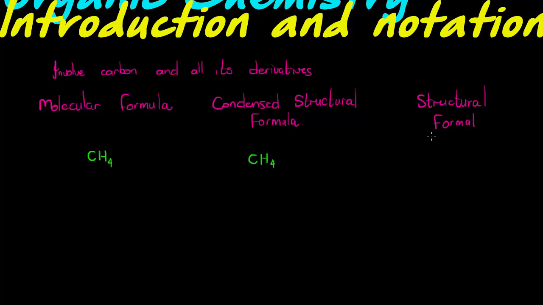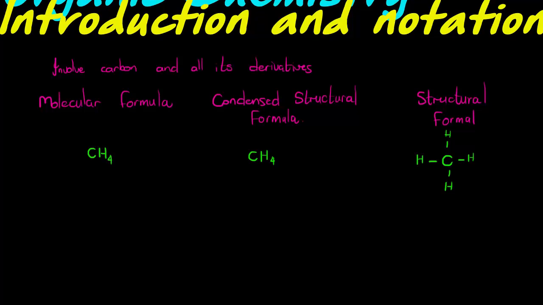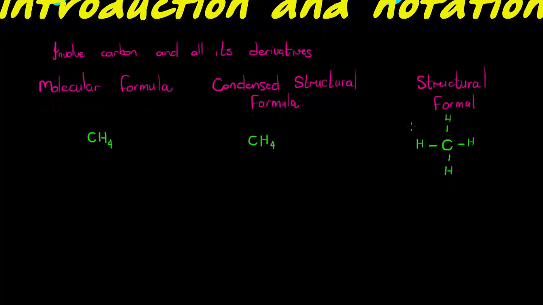And then the structural formula is a little image, a little structure of carbon bonded to 4 hydrogens, like this. You would have seen me use this type of notation throughout the videos so far, especially when it comes to covalent bonds, and that's exactly the type of bonds that we are going to look at when we do organic chemistry. So that is one example.